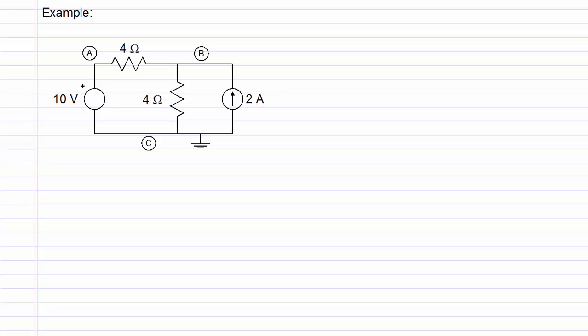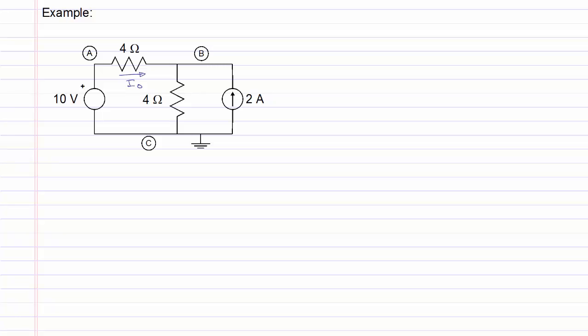The circuit shown contains two independent sources, one independent voltage source and one independent current source, and assume that we are interested in the output current through the 4 ohm resistor, and we will call this I0. We begin by switching on only the 10 volt source and switching off the 2 ampere current source.